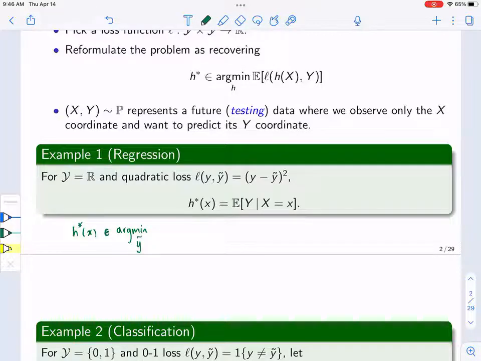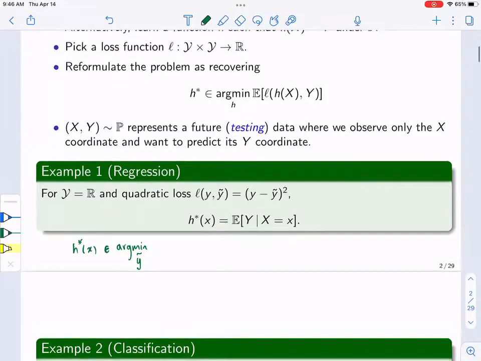Let's say y tilde, this is a generic point, expectation of L of y tilde and y, conditional on x. So you condition on x, this would be fixed. So now I have to determine what this fixed value is. And this is how you can minimize it.